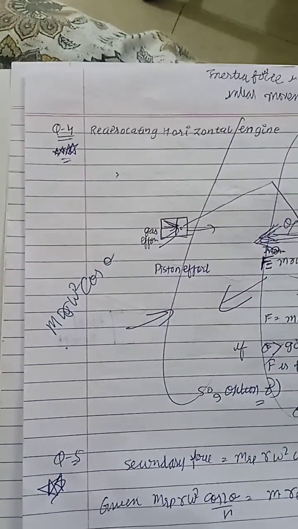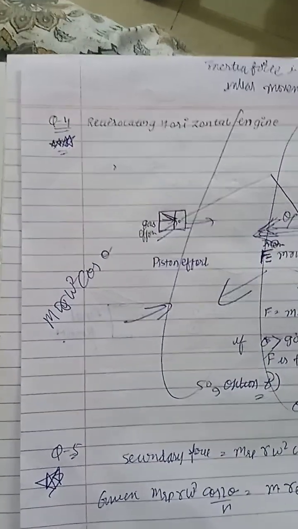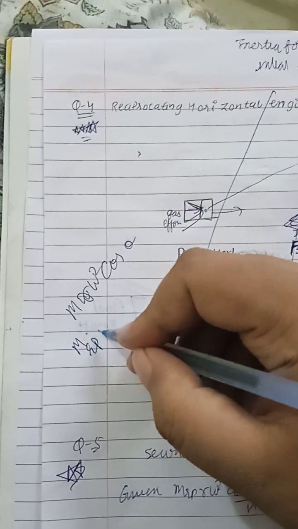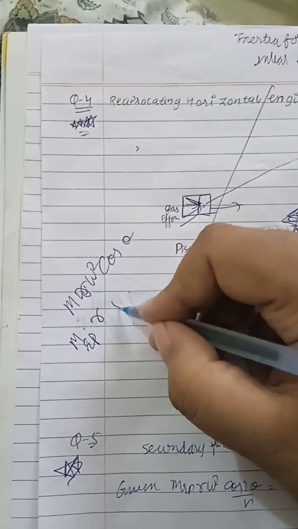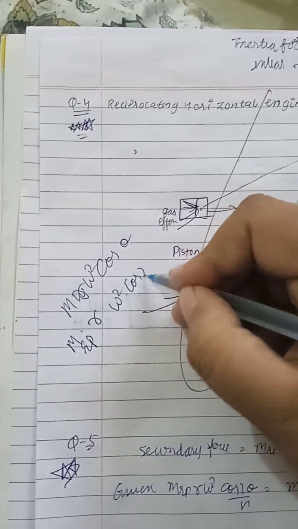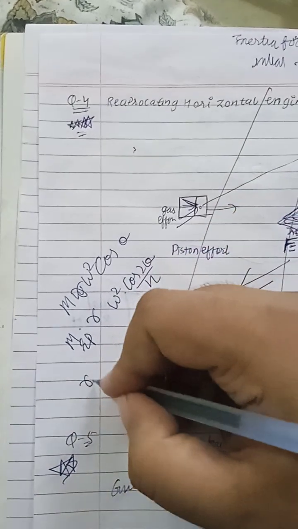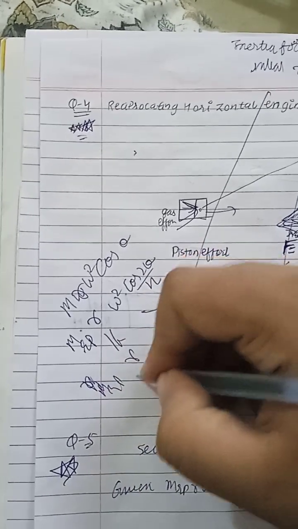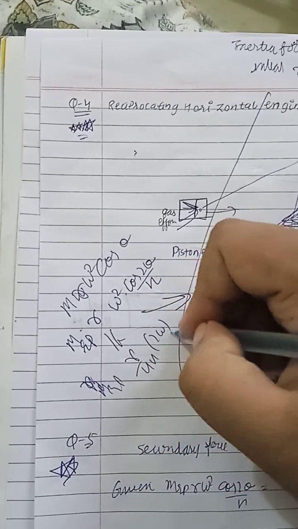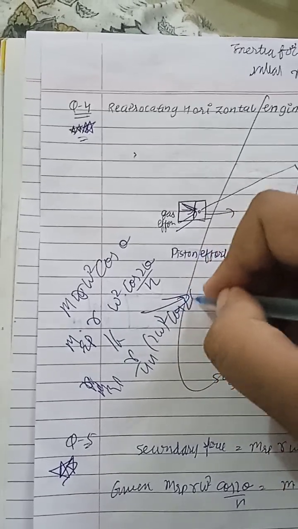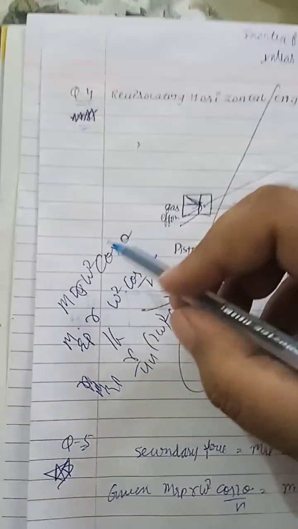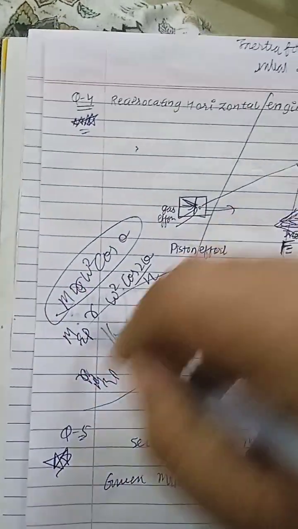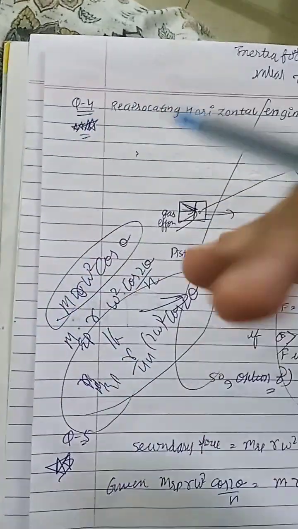Now when we study secondary force, we convert it like this: m r omega square by 4n times cos 2 theta. So this was the revolving mass unbalanced force. This is the secondary unbalanced force in reciprocating mass.